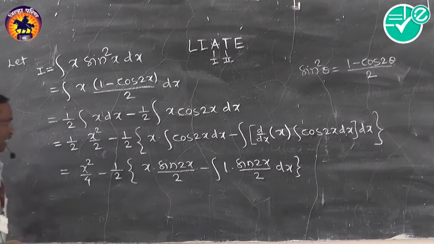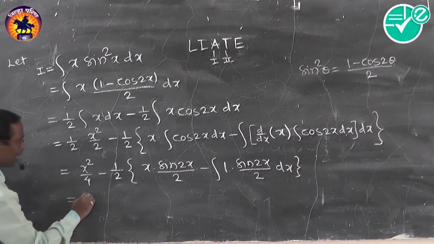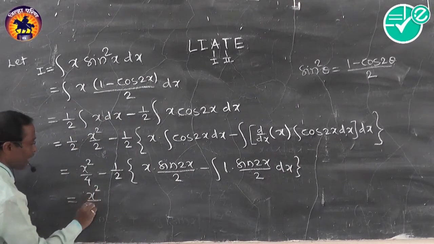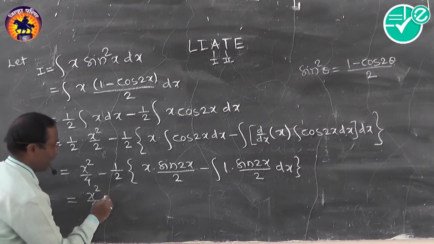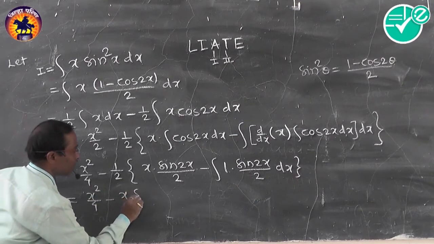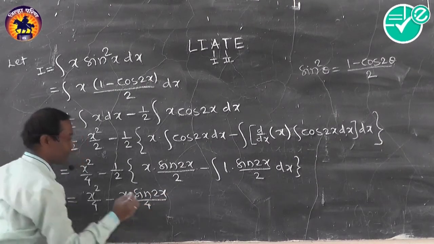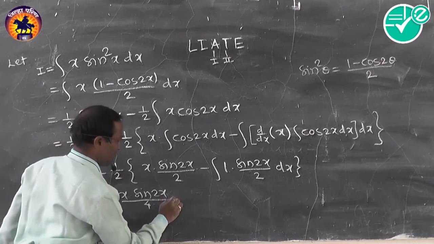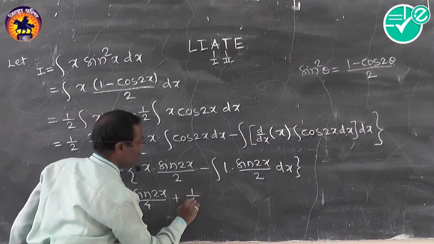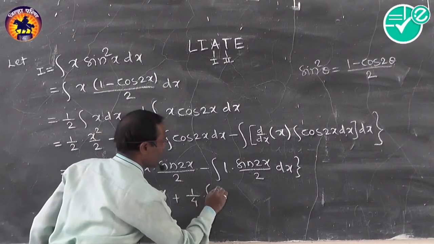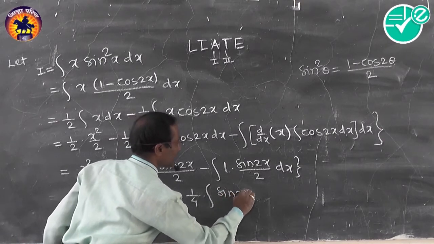Now we want to find the integration of this function. We get x square by 4 minus x into sin 2x upon 4, minus minus become plus 1 by 4 into integral of sin 2x dx.